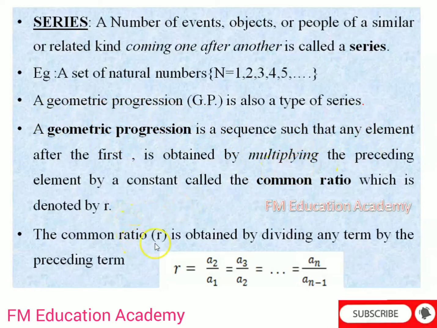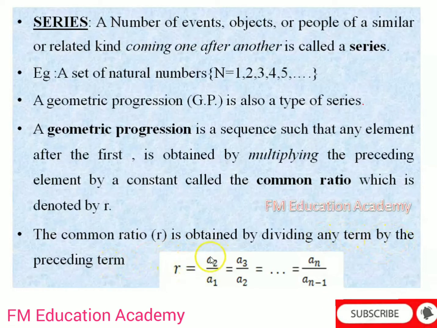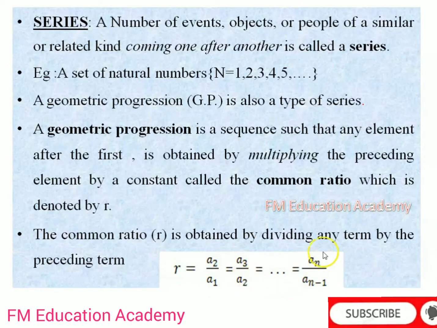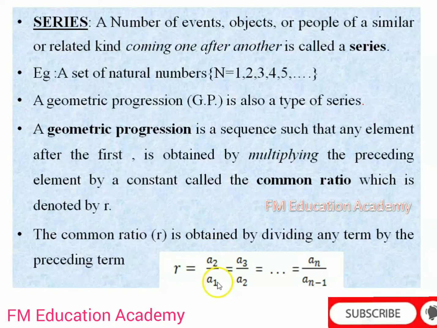And the common ratio is obtained by dividing any term by the preceding term. That is, common ratio r is equal to a2 by a1, the second term divided by the first term, or the third term divided by the second term. Similarly, the nth term divided by the (n minus 1)th term. Because it is the ratio of this term to the preceding term: before the second term the first term comes, and before the third term the second term comes.